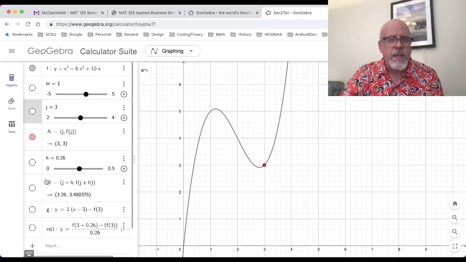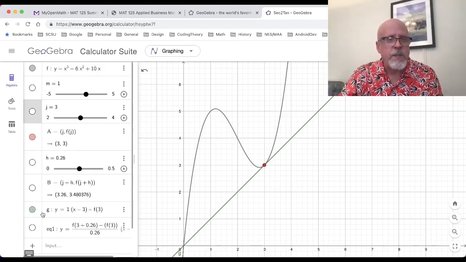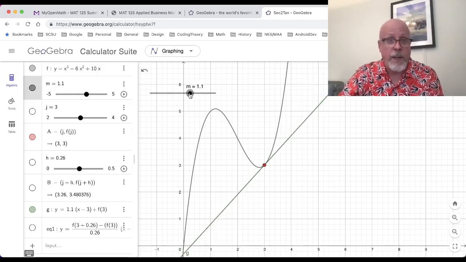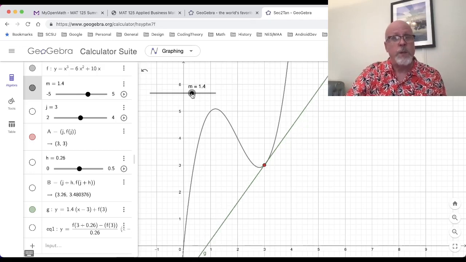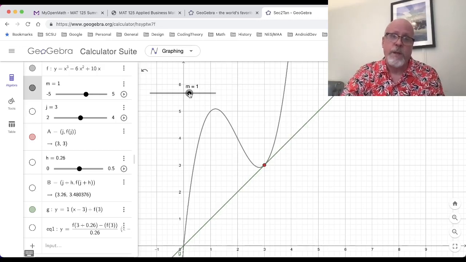So this next item I have on here, let me turn it on. That is a line that goes through that point, and its slope is determined by this slider M. It happens that M equals 1 is not bad. M equals 1 actually might well be the right slope to make this thing do what I want, which is more or less go in the same direction as the graph.